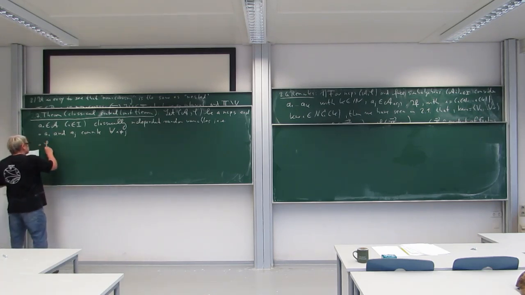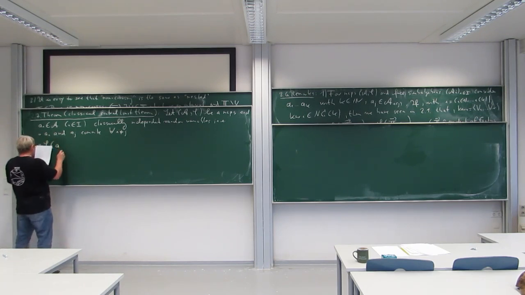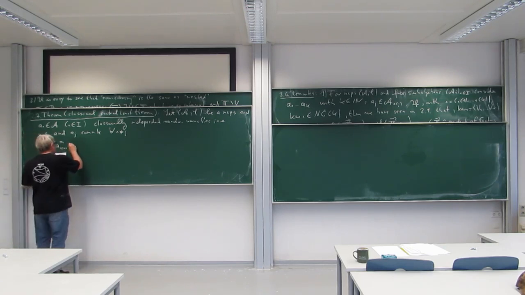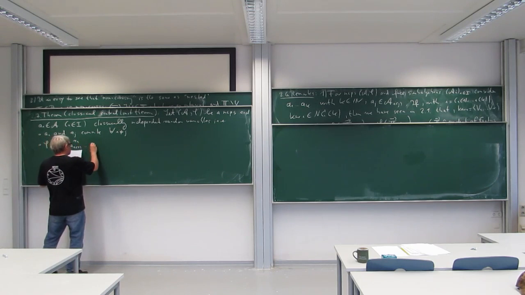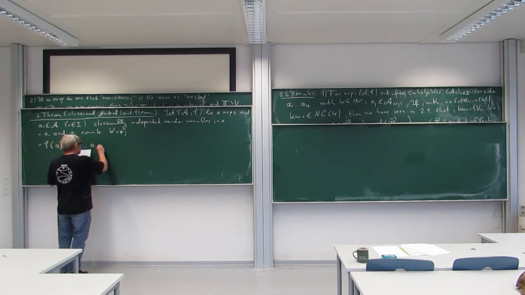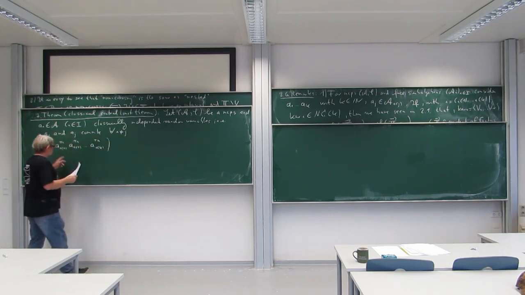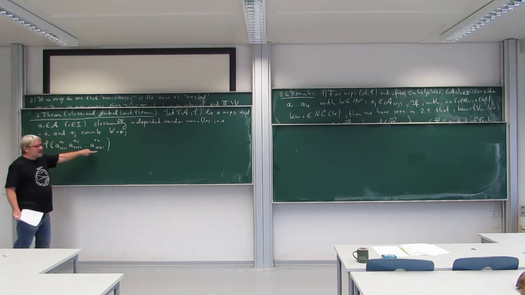So the only thing which I really have to say is what is phi of a_{i_1} to some power r_1 times a_{i_2} to some power r_2, and so on, up to the product a_{i_k} to the power r_k. And I can restrict to the case where these i's are increasing.